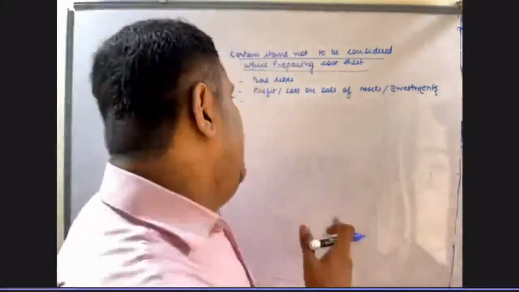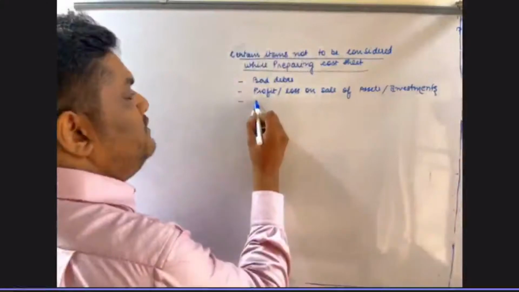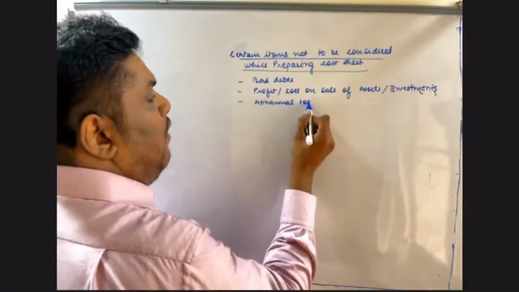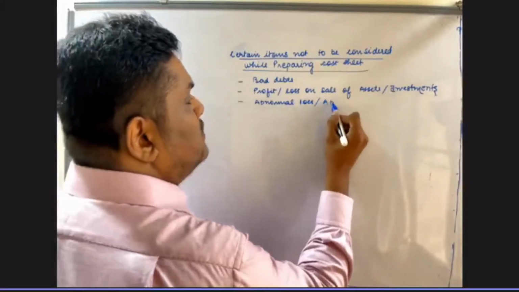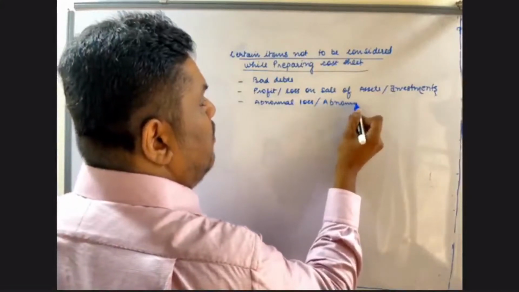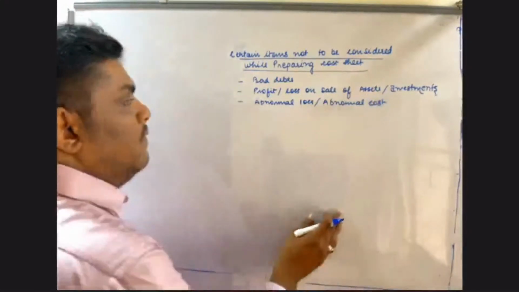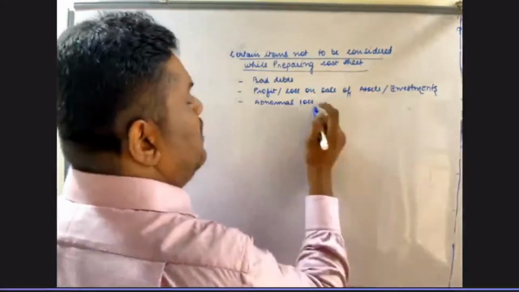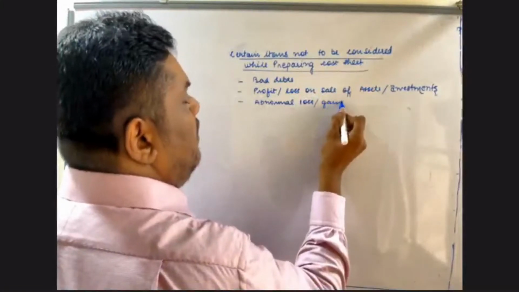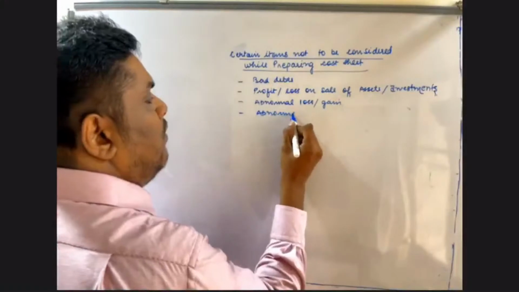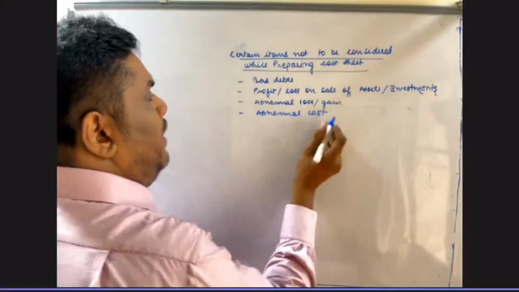Thereafter, any sort of abnormal loss or abnormal cost, in fact abnormal loss or gain and abnormal cost, will never form part of cost sheet.